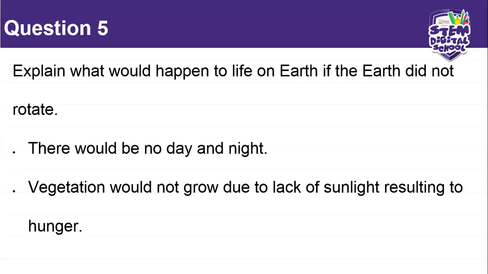Explain what would happen to life on Earth if the Earth did not rotate. What was going to happen? Which answer did you come up with on question 5? It's a general knowledge question, that one.